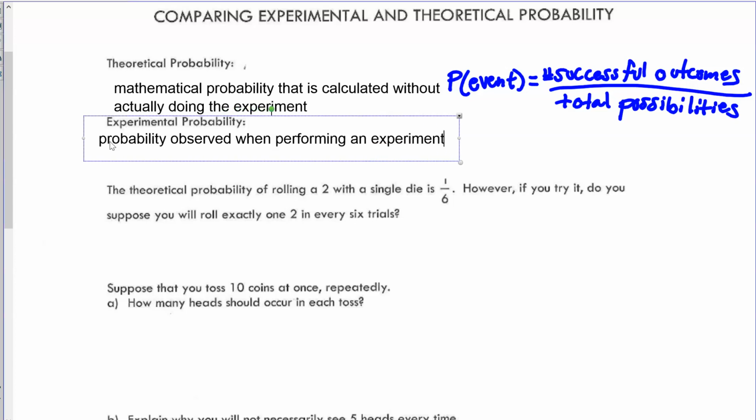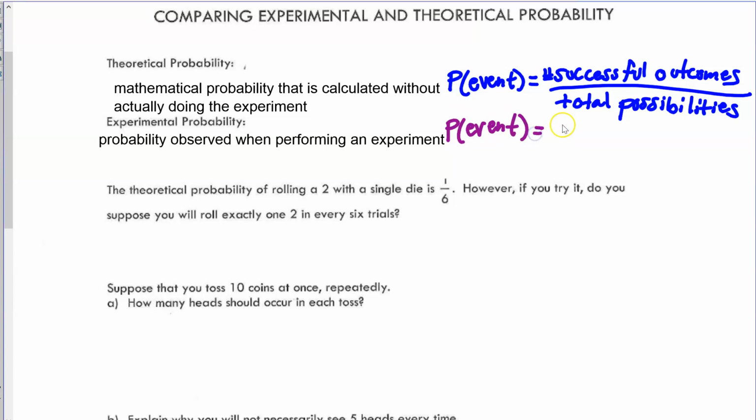For this one, your equation, the probability of an event is the number of successful trials, so how many times you actually got a success, divided by the total number of trials.